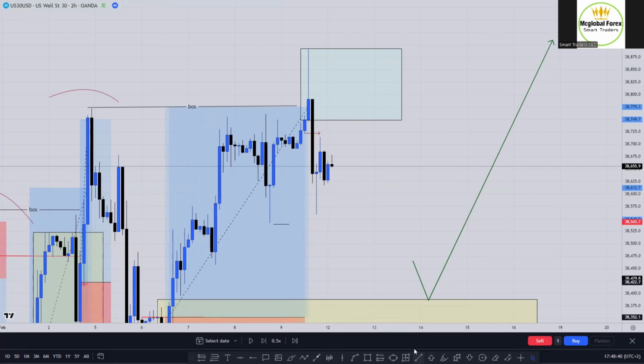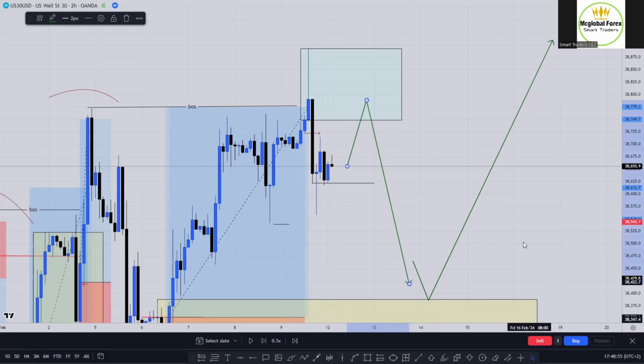So even if they pull back, even if they give you a pullback to this supply area like this, we'll still take our sells.